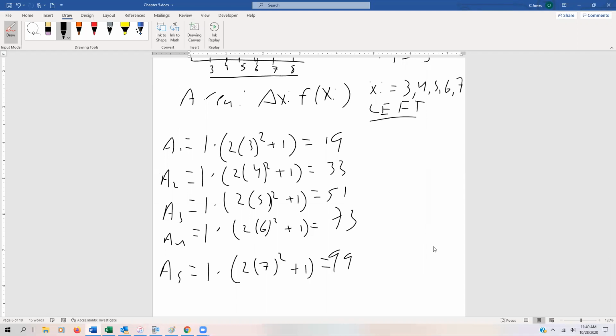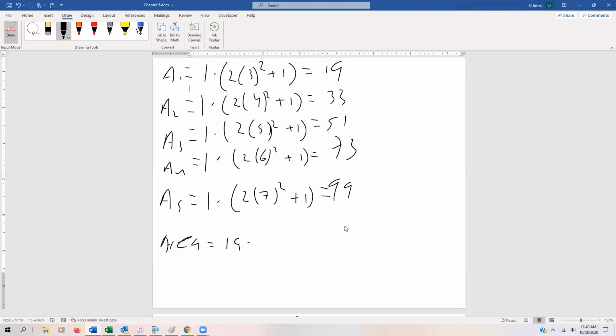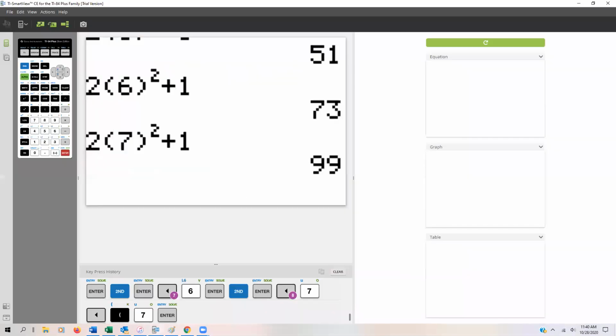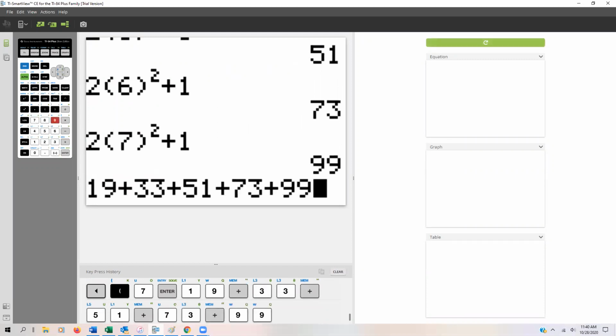What is the area using the left endpoint? The area is going to be 19 plus 33 plus 51 plus 73 plus 99.